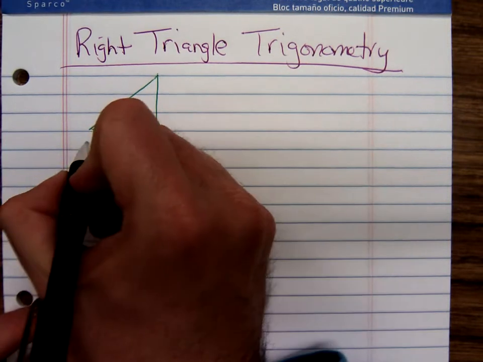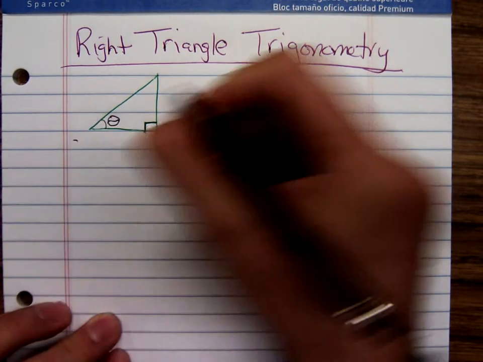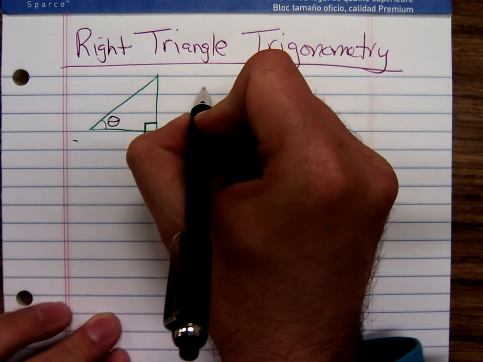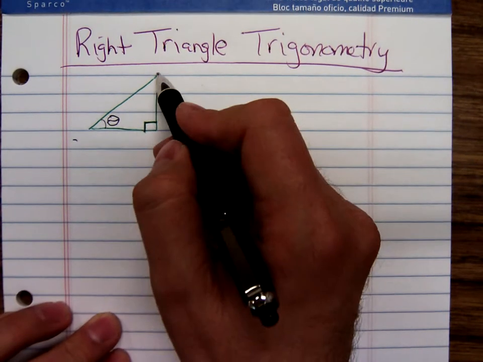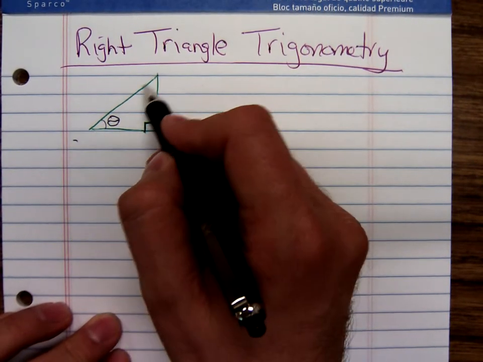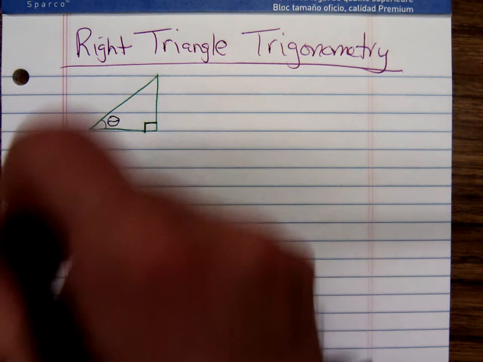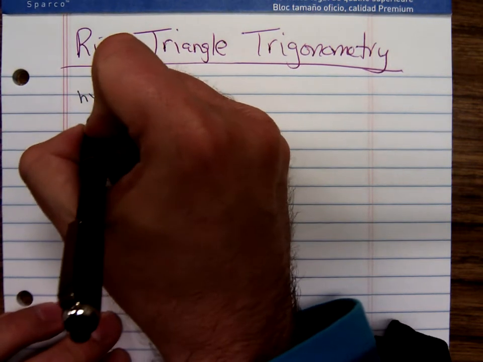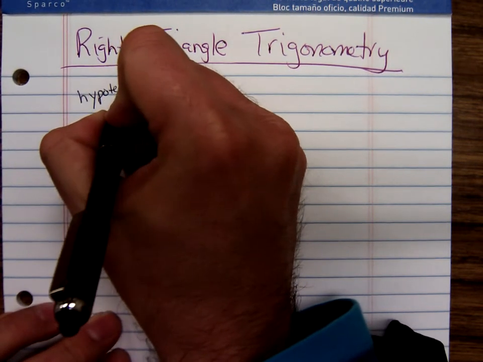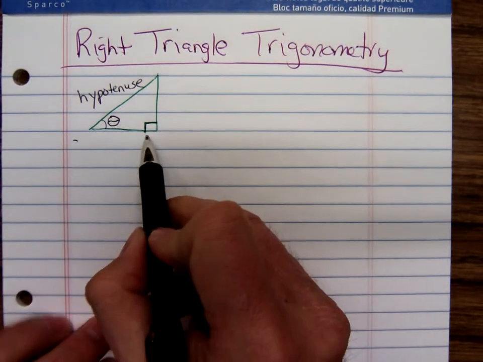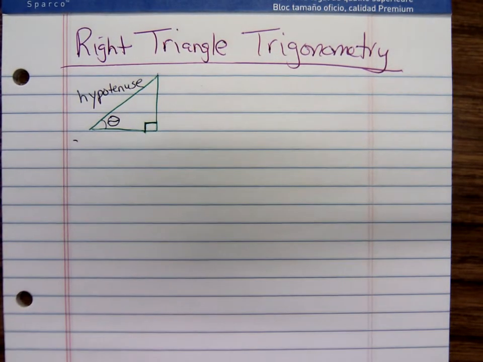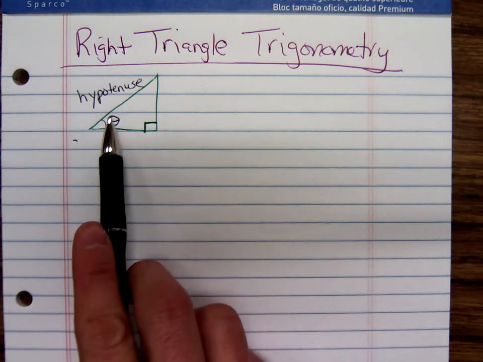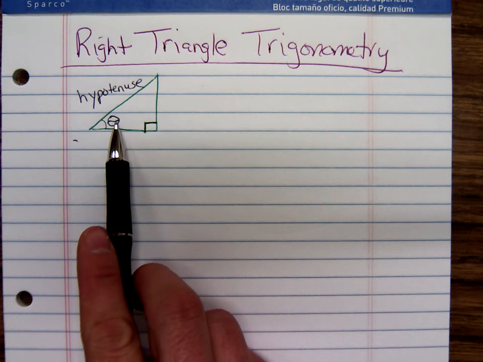Now just state the definition. Well, in a right triangle, the side opposite the 90-degree angle is called the hypotenuse. The two sides that form the 90-degree angle are called legs, and I'm going to refer to each of these legs in reference to the location of theta.